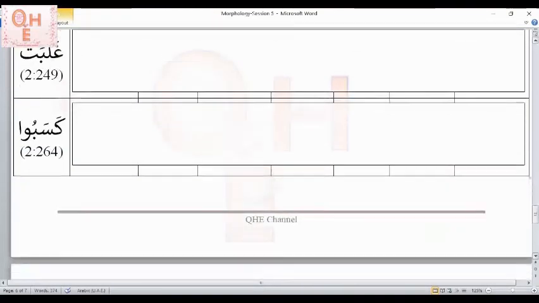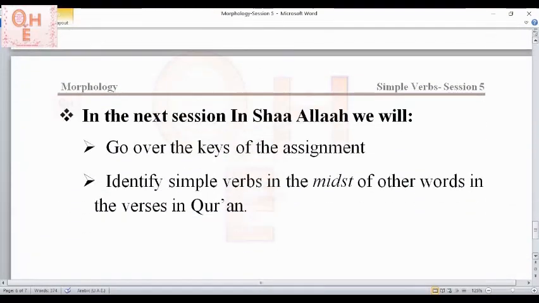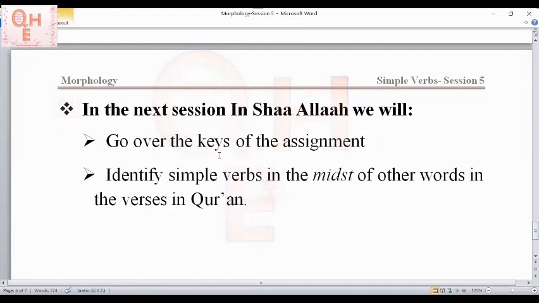Let's see what we are going to do in the next session. In the next session, inshallah, we will go over the keys to the assignment, the 3 new words that we just assigned. And also we will identify simple verbs in the midst of other words in the verses in the Quran.